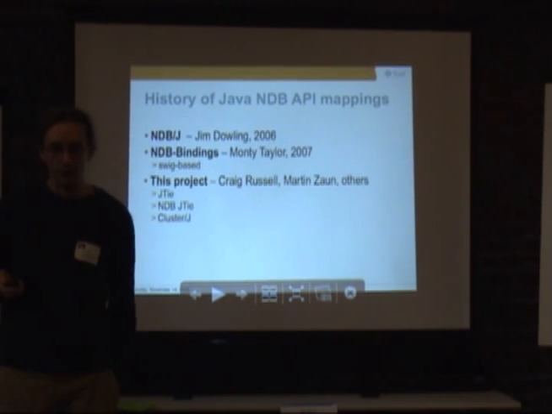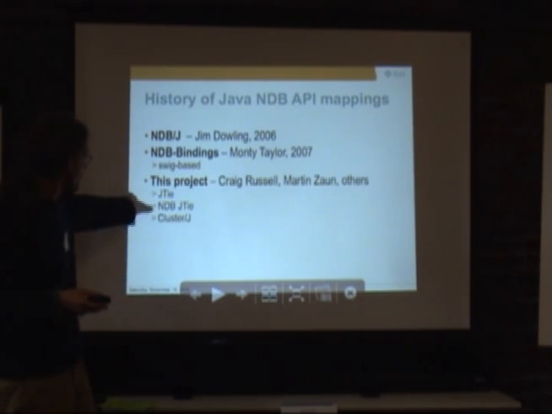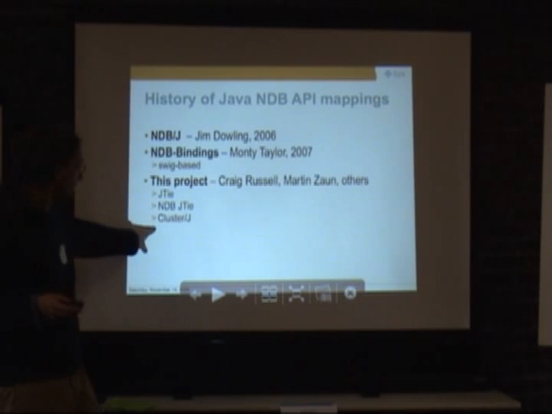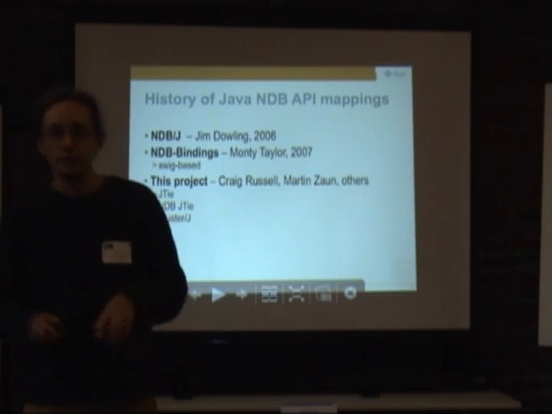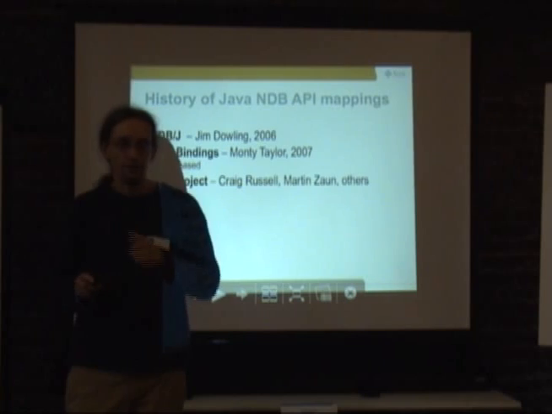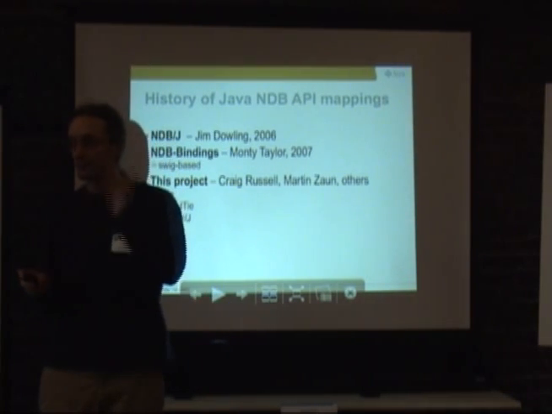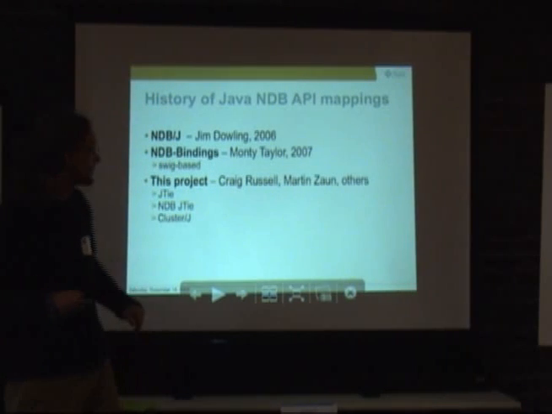And I'll tell you about Cluster J. So this is a project with 3 parts: JTie, NDB JTie, and Cluster J. And the end result is being able to use the NDB API from very high-level Java code as object relational mapping, like, store it, delete it, persist it, whatever.